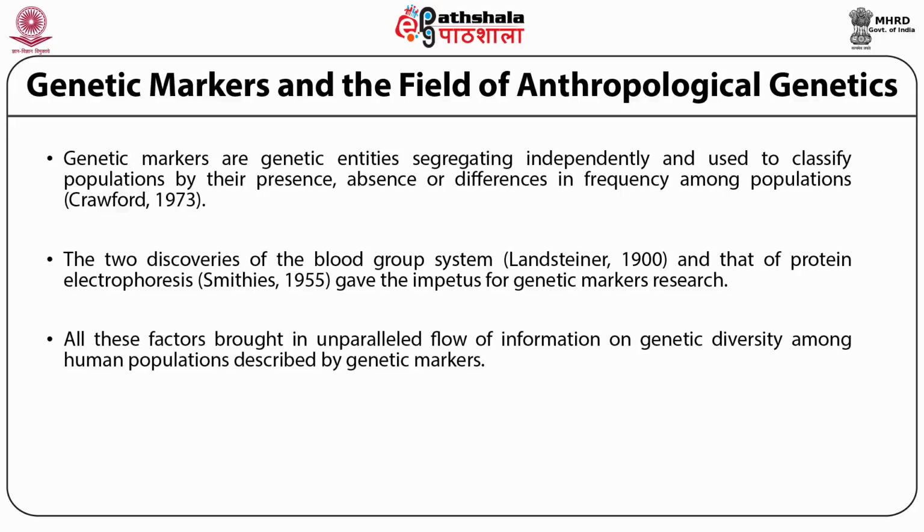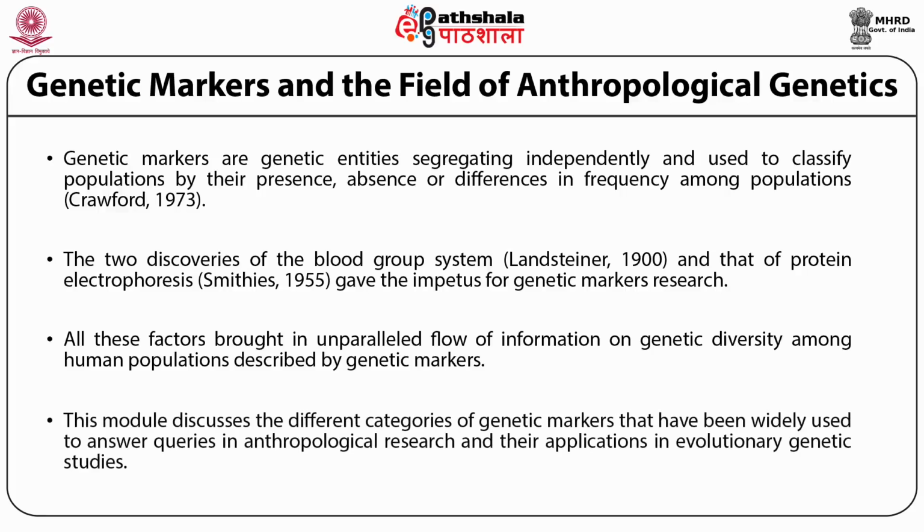Genetic markers found application in studying population structure and history, selection, and admixture mapping. This module discusses the different categories of genetic markers that have been widely used to answer queries in anthropological research and their applications in evolutionary genetic studies.